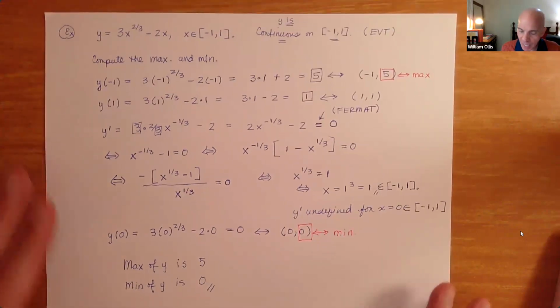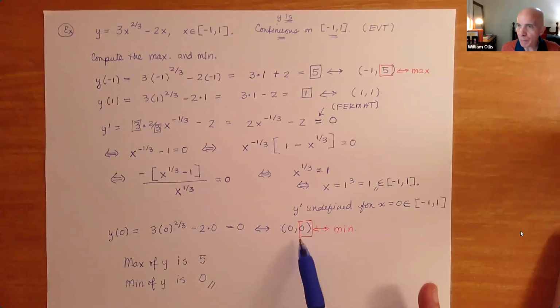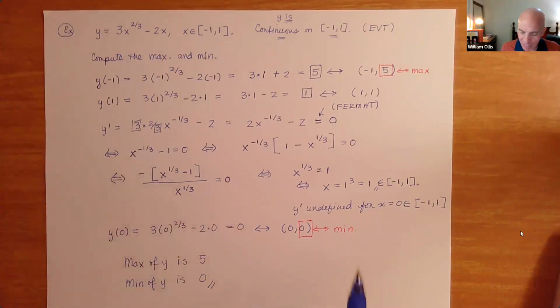So again, many times in the homework, you will state the ordered pair, because it is good to know where the actual max or min occurs. But by definition, the maximum of y is 5. The minimum of y is 0. That is, the maximum value of the function is 5. The minimum value of the function is 0.